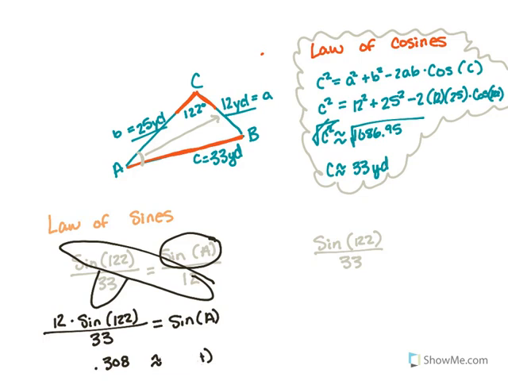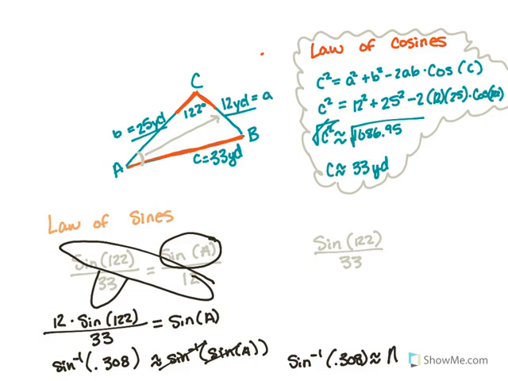I'm going to actually scoot this over so I can write the whole thing. So we're going to do the sine inverse of the sine of A. We're going to do the sine inverse of 0.308. Sine and sine inverse are opposites, so they go away. So we get the sine inverse of 0.308 equals, not really equals, but is approximately A.